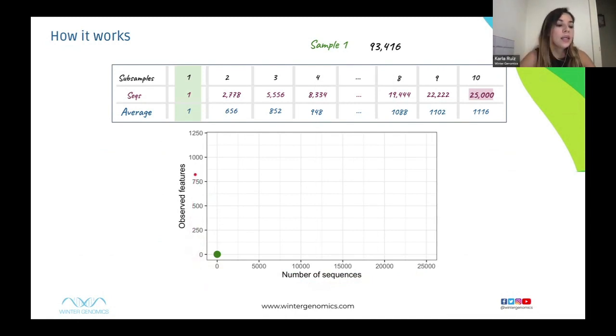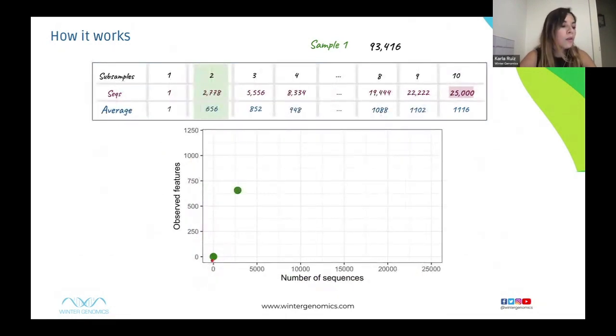Again, in the first subsample we have the number 1, and on average we found 1, so we plot it here. On subsample number 2, with 2,000 sequences more or less, we found 656 features, and we plot it at this point.